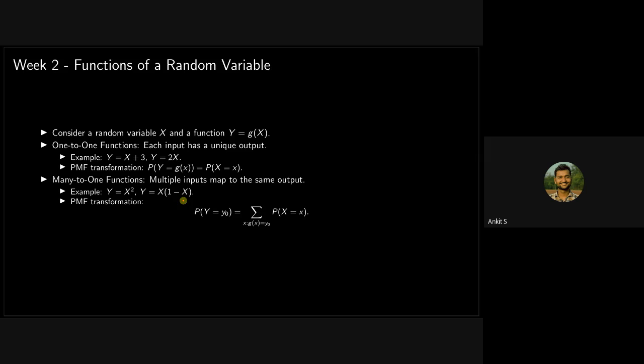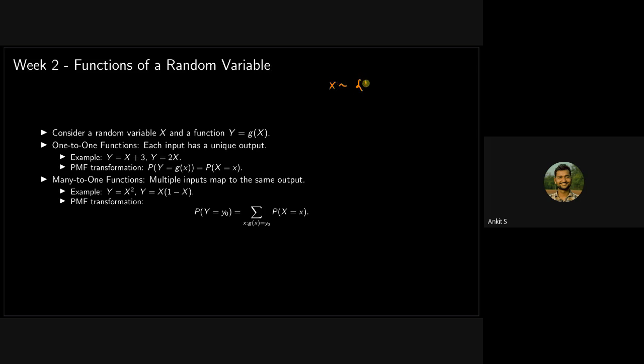Then in week 2, we have a very important concept, that is function of a random variable. How do you deal with functions of a random variable? For example, you throw a die. Let's take the simple example.